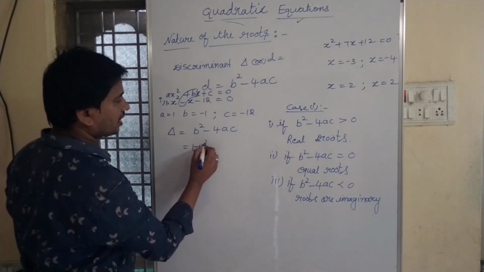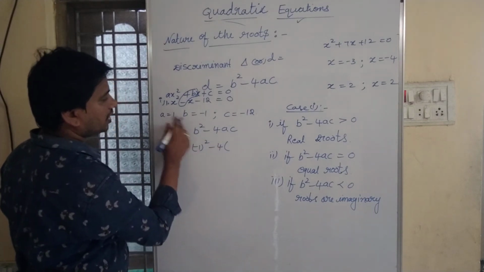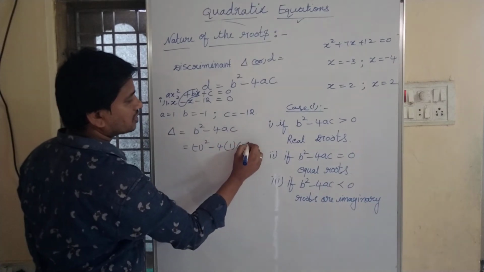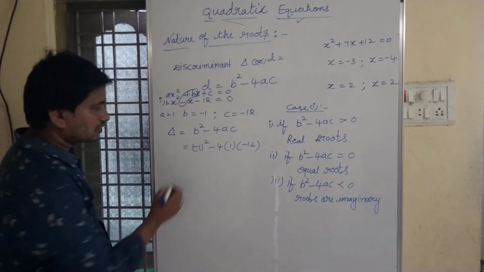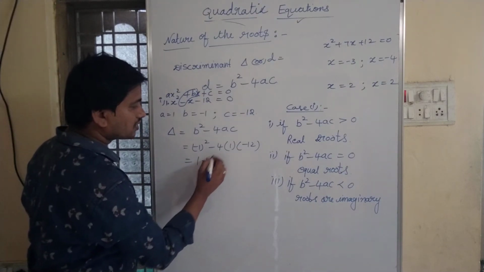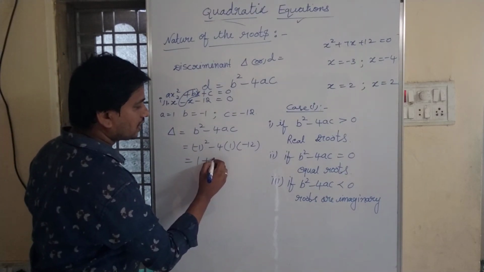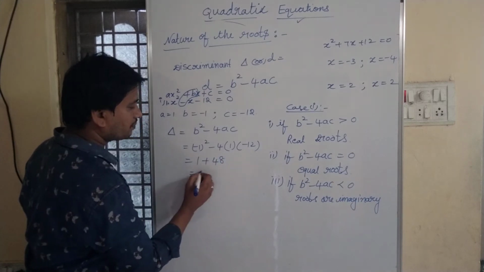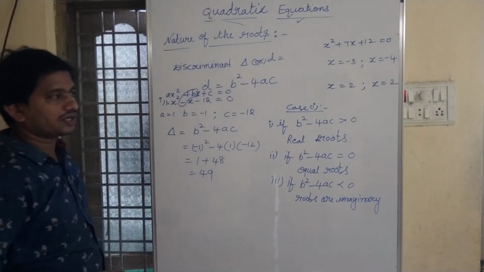Minus 1 whole square minus 4 into a value 1, c value minus 12. So minus 1 whole square is plus 1, minus into minus is plus, 4 1s are 4, 4 12s are 48. So 1 plus 48 is equal to 49.